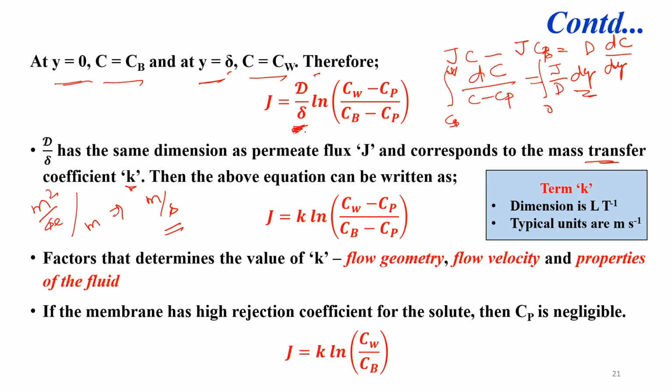So, this can be further written as J equals K ln Cw minus Cp divided by Cb minus Cp. And if the membrane has a high rejection coefficient for the solute, then Cp is negligible, and in that case it can be written as K ln Cw upon Cb.